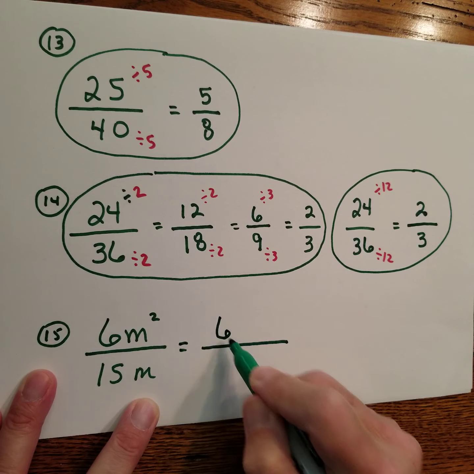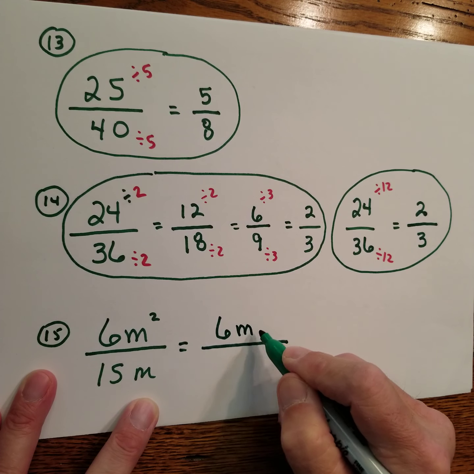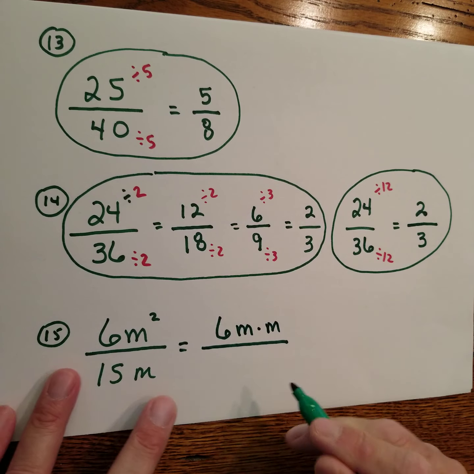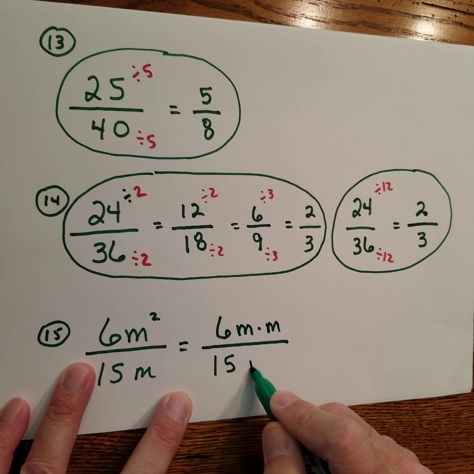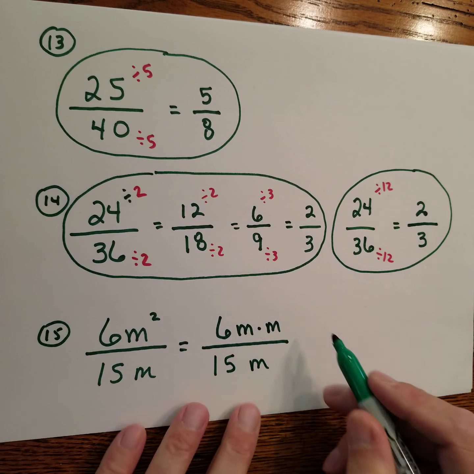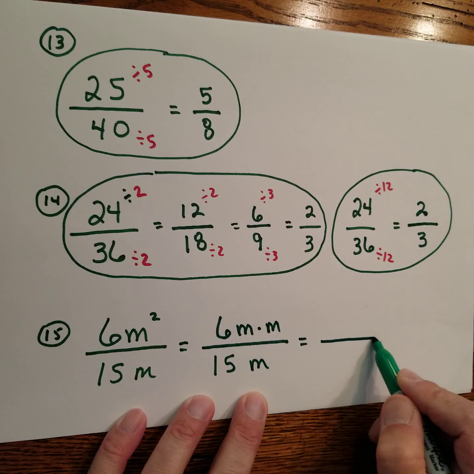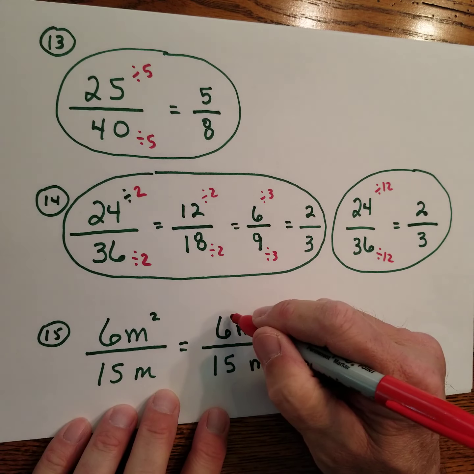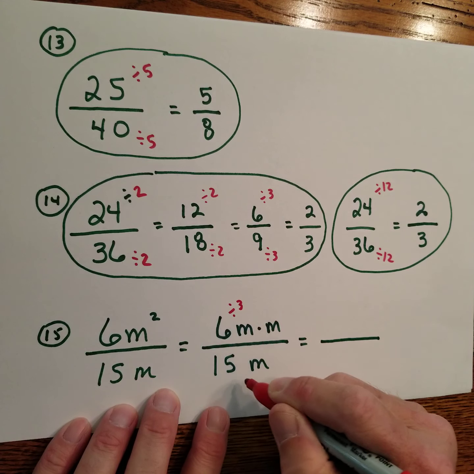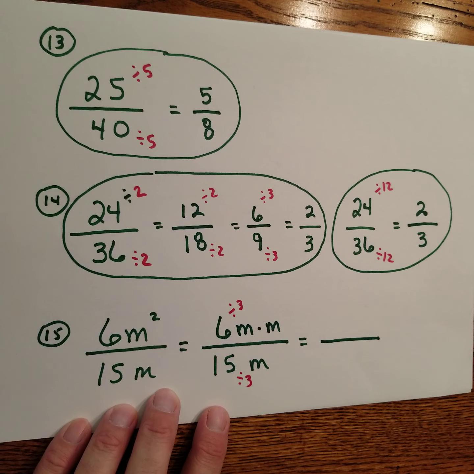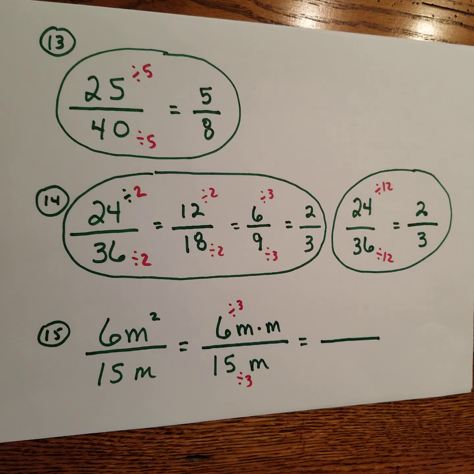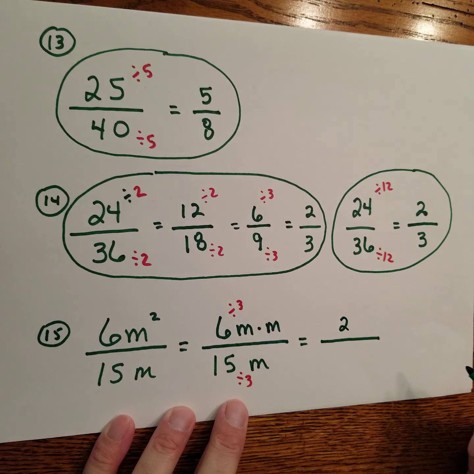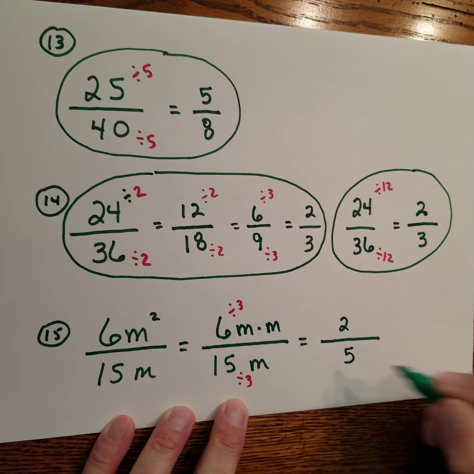The top is 6m squared, which means m times m. The bottom, 15m. Let's do the numbers first. 6 and 15 are each divisible by 3. 6 divided by 3 is 2. 15 divided by 3 is 5.